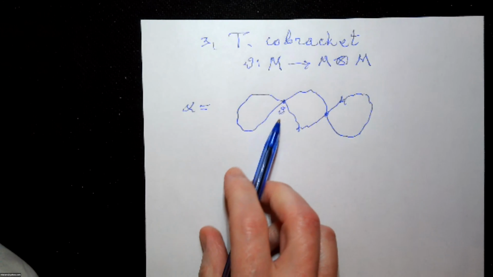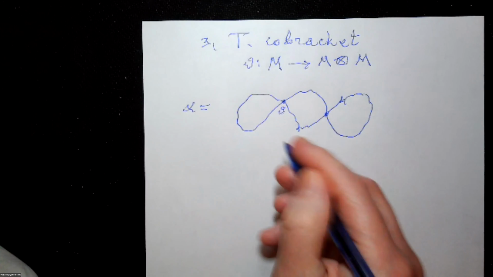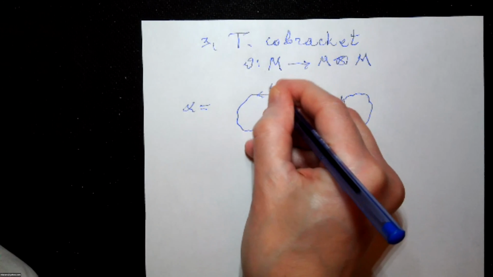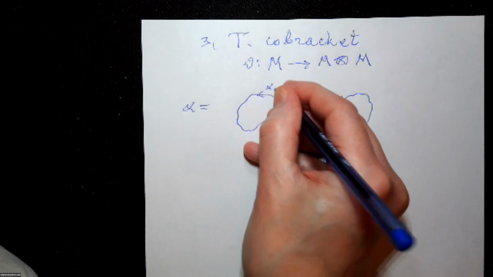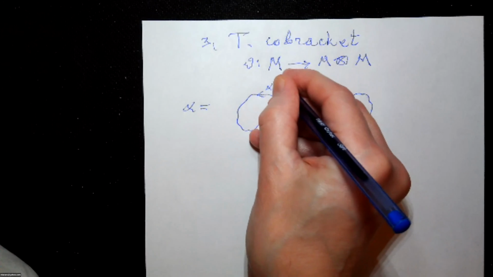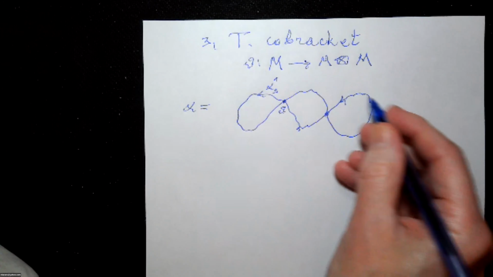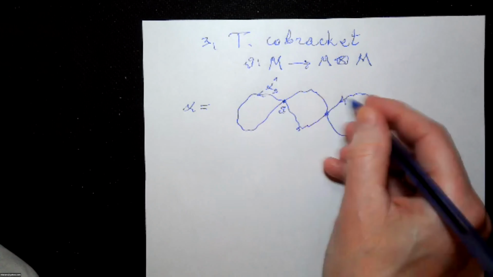At each self-crossing, the loop is split into two subloops. Alpha 1, or well, let's say it depends on S. It starts and ends in S. You go along, let's say, a half loop. One of them is alpha 1. The other one is alpha 2. So alpha 2 is the other one.